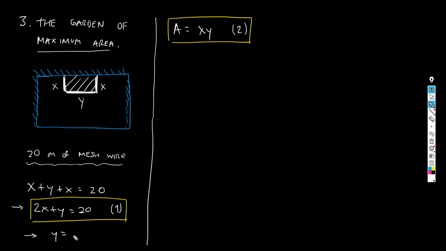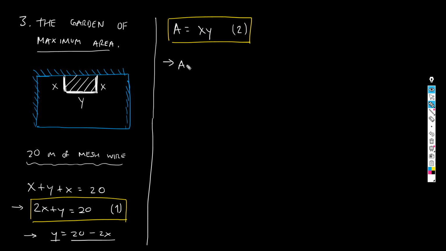So it's going to be 20 minus 2x. This is my isolation. And since y is equal to this, I'm going to plug it right there. So I'm combining my two equations. Let's do it.